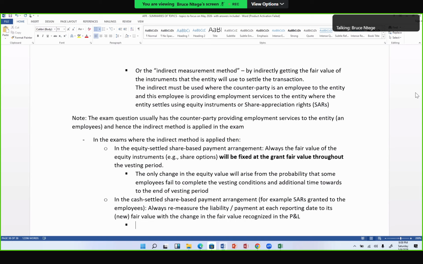Intrinsic, I hope that's the spelling, okay?